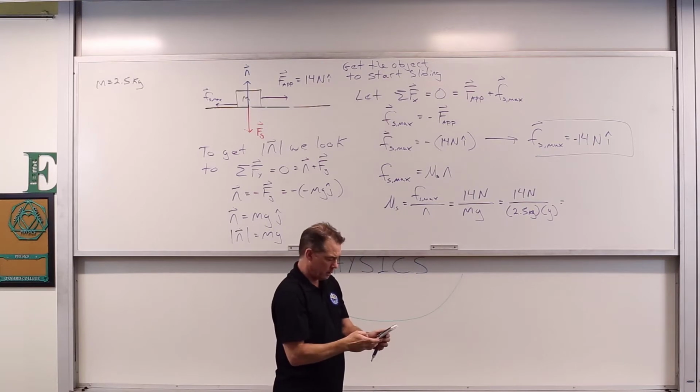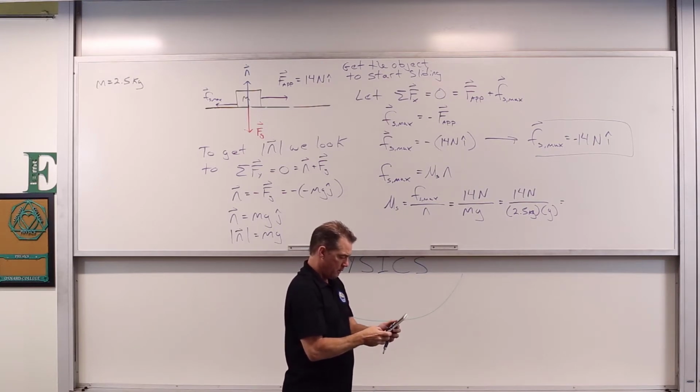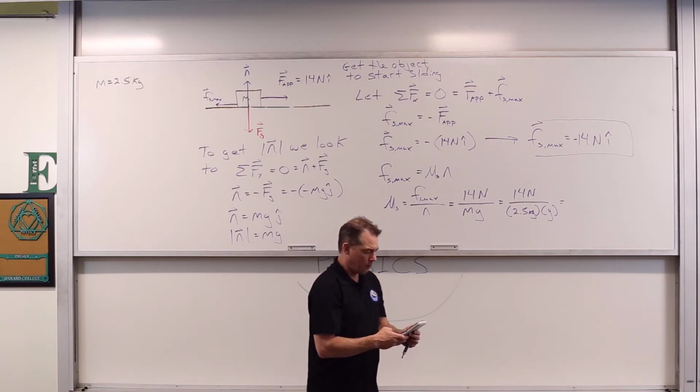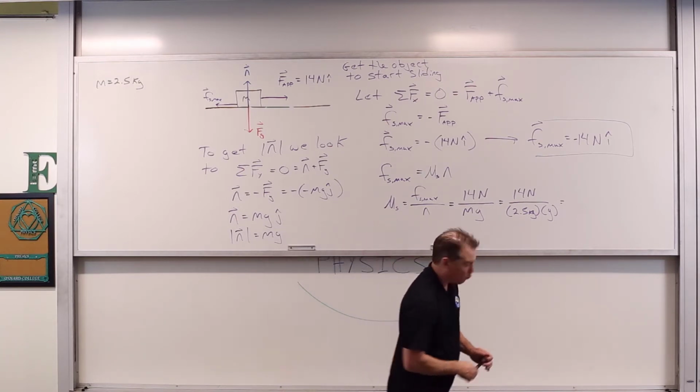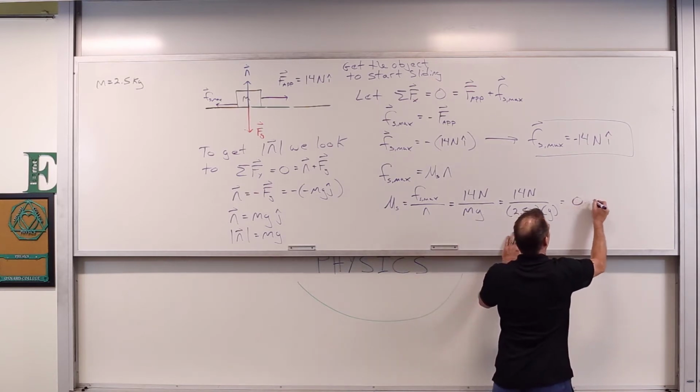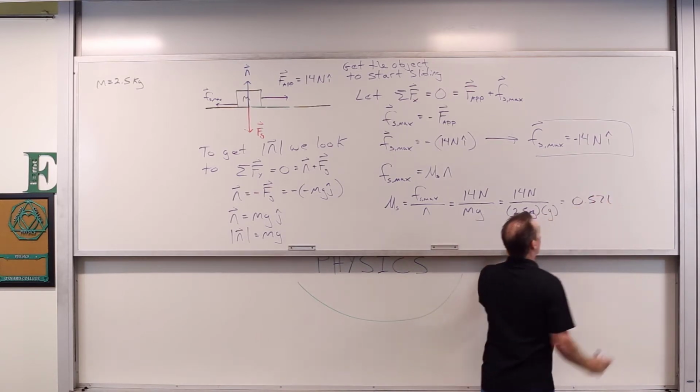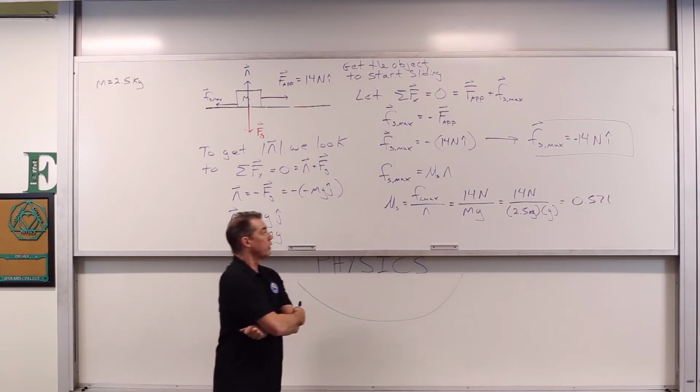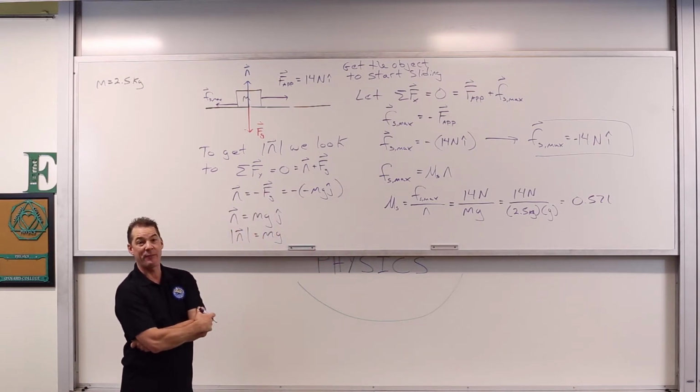Go ahead and get this: 14 divided by 2.5 times 9.8 gives us 0.571. There's the coefficient of static friction for this particular system.